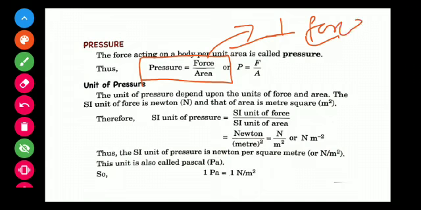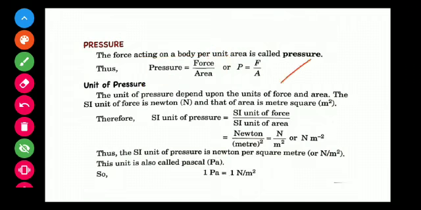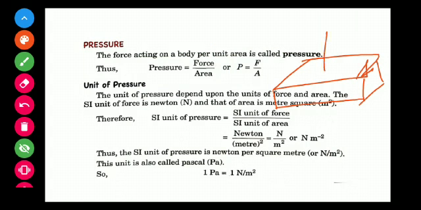For example, this is your body, and this is the perpendicular force, and this is your area.